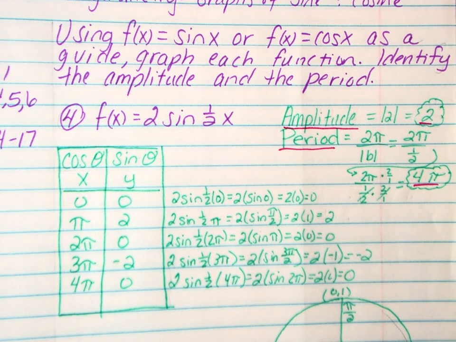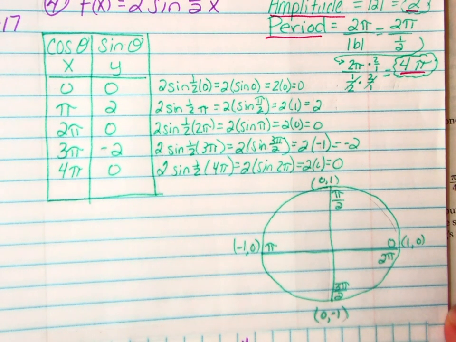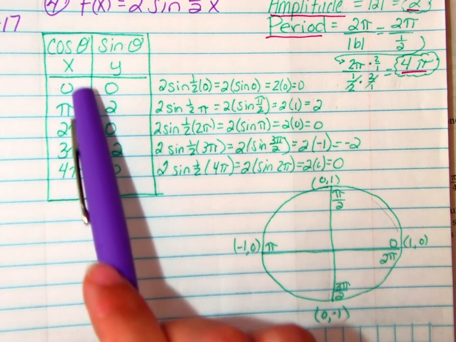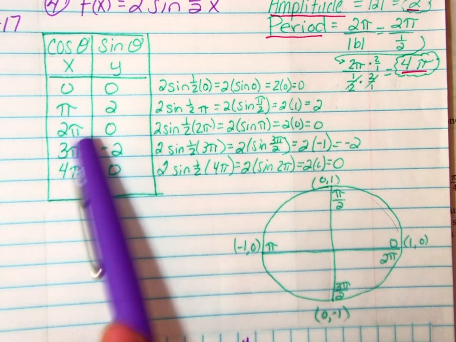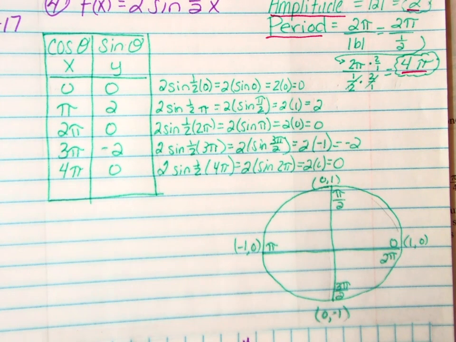All right, so now I'm going to set up my XY chart. So if my period is 4 pi, I just filled in my 0, my pi, my 2 pi, my 3 pi, my 4 pi. So I'm unrolling my unit circle. Now, we could find our points multiple ways.